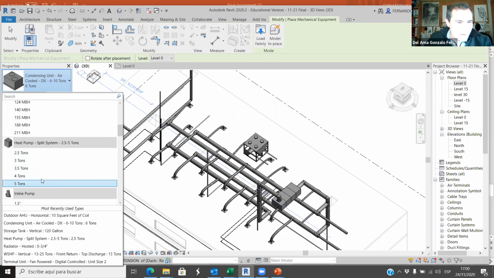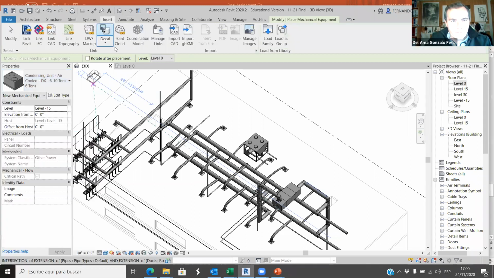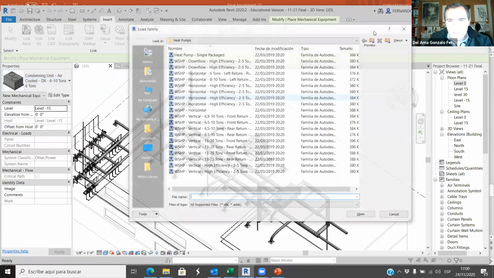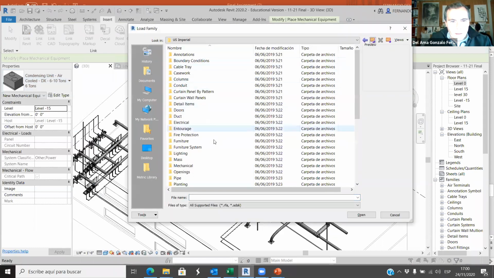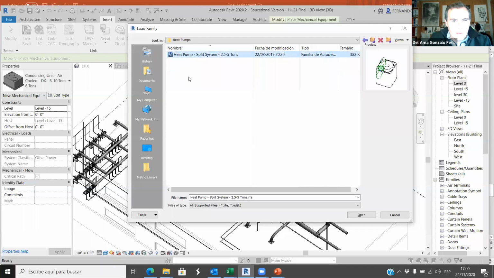I think it's included in the file that I uploaded on Canvas. Anyway, if you don't find this heat pump for split systems, you can insert, load family, and go to mechanical, MEP, general components, heat pumps, and here you have the heat pump for a split system. It's a very basic one, but I think it works for this building. That one works. So we have to insert this heat pump for a split system.